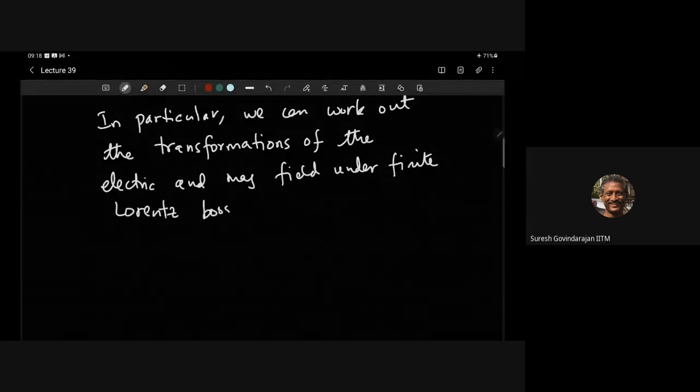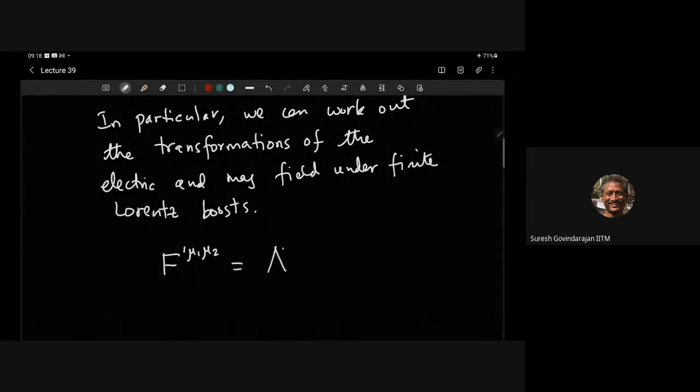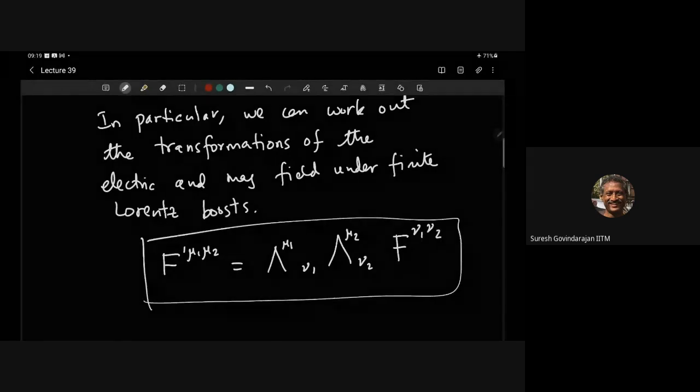Can someone tell me how I would do that? You just have to write it out in components, and you should see what you get.